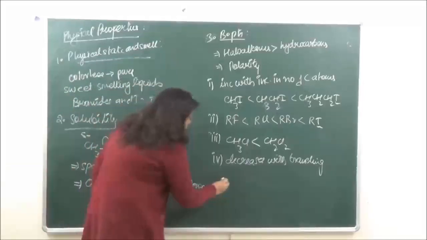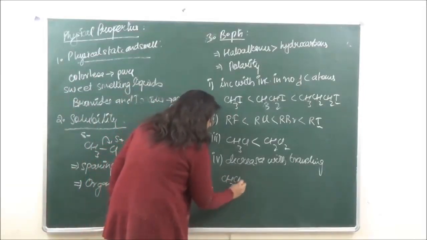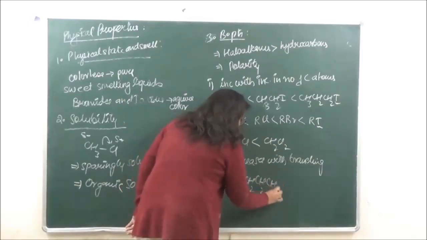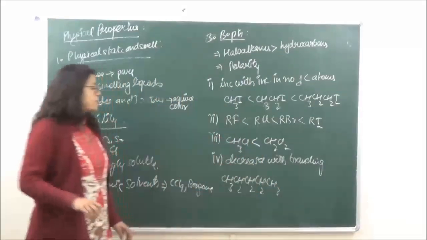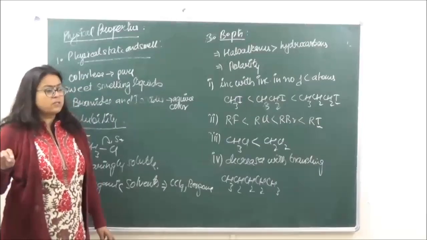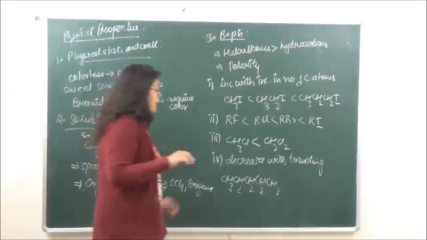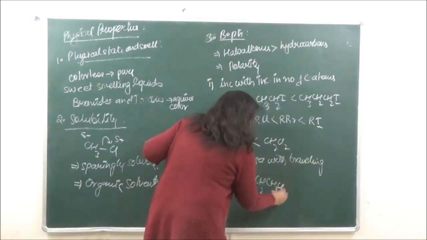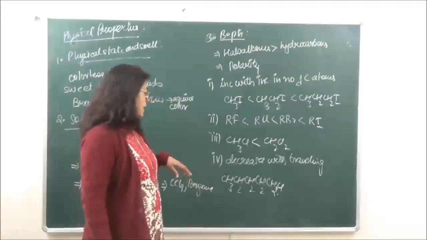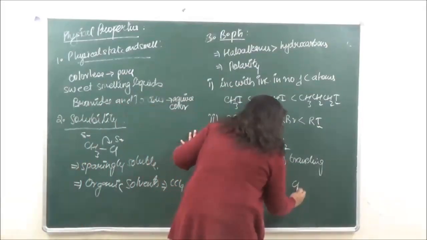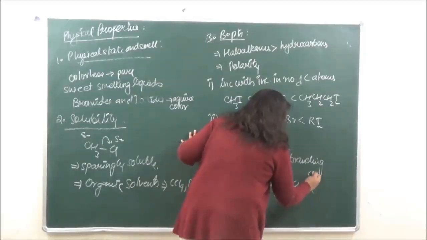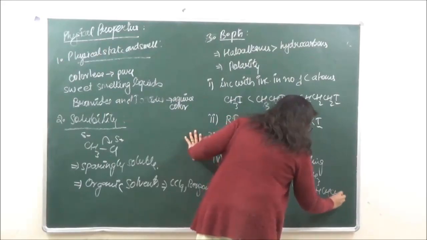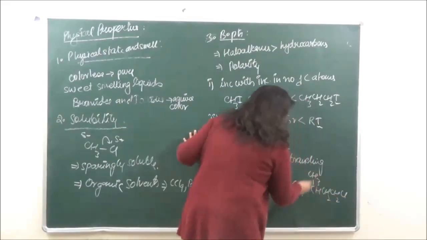Like for example, if we have CH3, CH2, CH2, CH2, CH3, and let's put a halogen over here. This is the compound we have, CH3, CH2, CH2, CH2 and Cl.